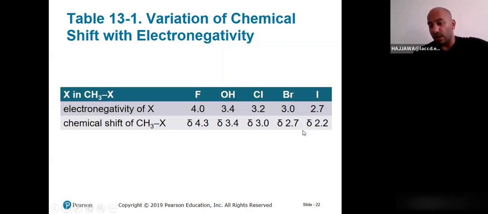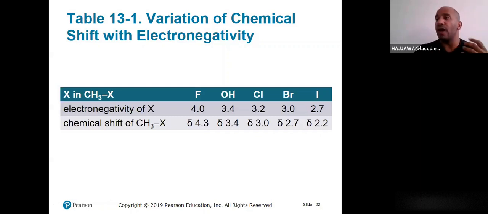That's delta, the function that we usually measure the NMR with. The unit is still ppm, but the function is delta. So when it comes to having a Br instead, it will be 2.7, all the way to fluorine, which is the most electronegative atom among all these. You can see it's reading around 4.3. So the effect is called the deshielding effect.